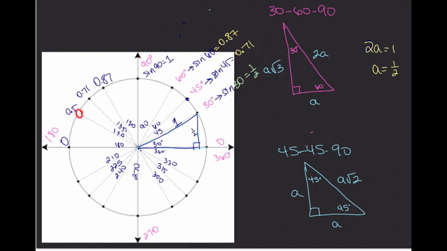So this guy is going to reflect over the x-axis to here. And so that's going to be now, yep, negative 0.5. My 0.71 is going to reflect to here, right? Negative 0.71. And this guy's going to be negative 0.87.